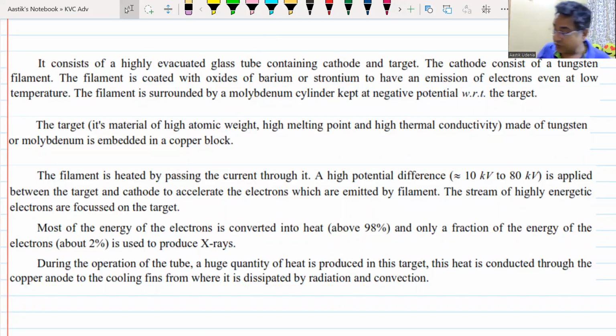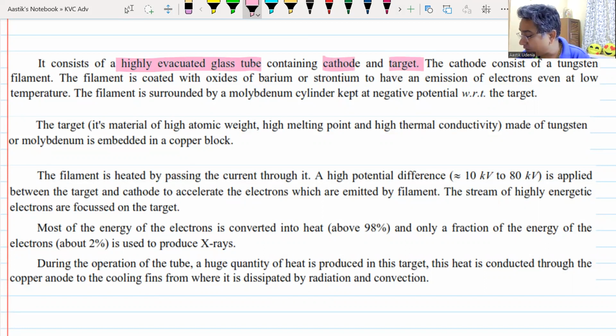What does a Coolidge tube consist of? A Coolidge tube consists of an evacuated glass tube. We need vacuum. It contains a cathode and an anode. The anode is the target. What is the cathode made up of? It is a tungsten filament. This filament is coated with oxides of barium or strontium to have emission of electrons even at low temperatures.